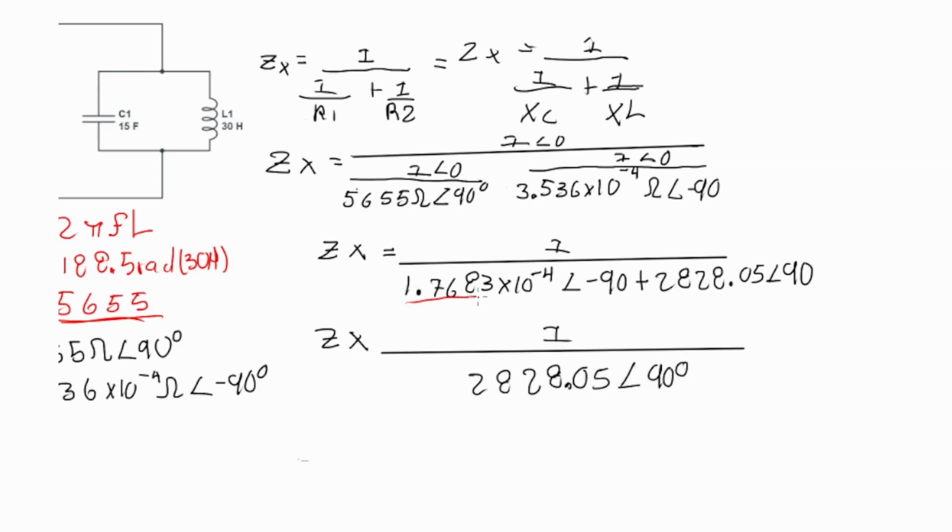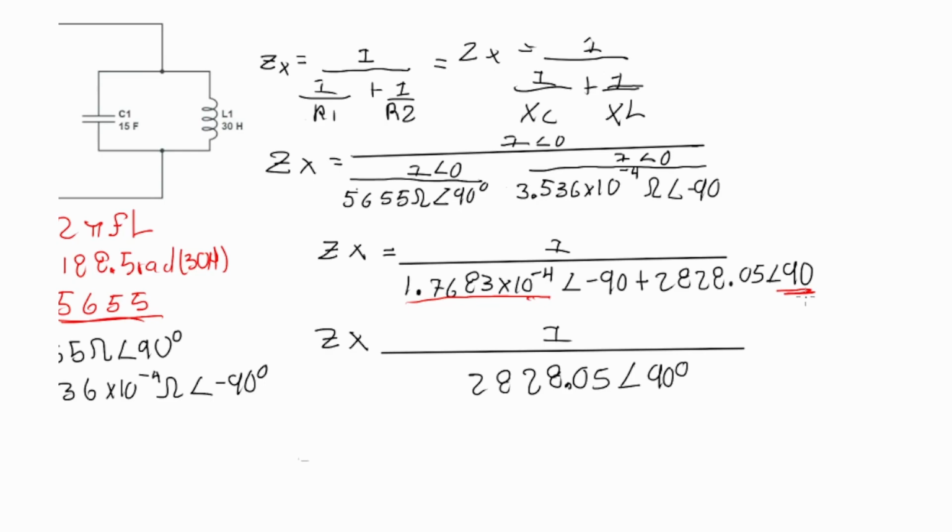Here, because this value is so small, we can just say that the result of this addition will be this. And the phase angle will be 90 degrees because the largest value here is the one with the positive phase angle.